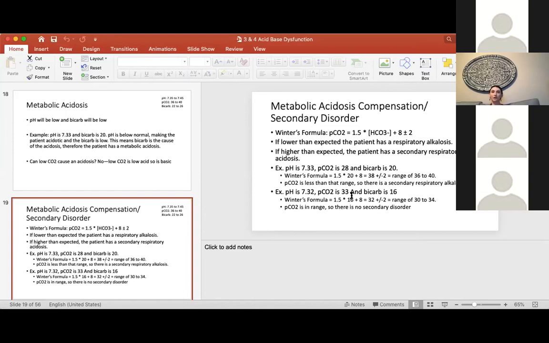So 1.5 times 16, that's our bicarb, plus 8 is going to give us 32. If we add 2 or subtract 2, we're going to have a range of 30 to 34. Let's look back at our CO2. It's 33. That's in our range, so there's not going to be a secondary disorder.